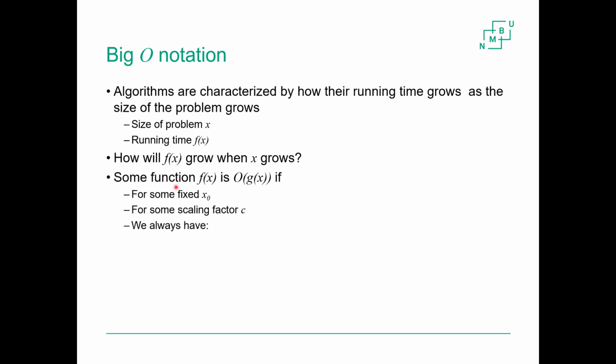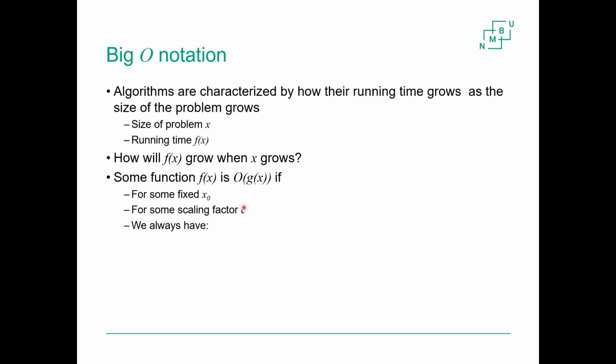And then we typically say that the running time of an algorithm is big O of some function g of x if there are some criteria. First of all, there is a fixed lower threshold for problem size x, and we don't care how it looks below this value.